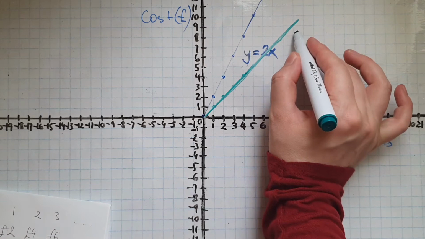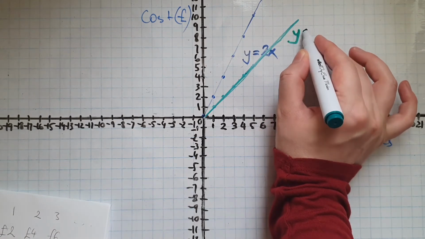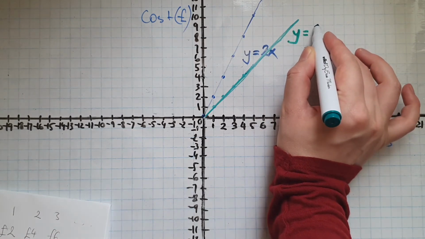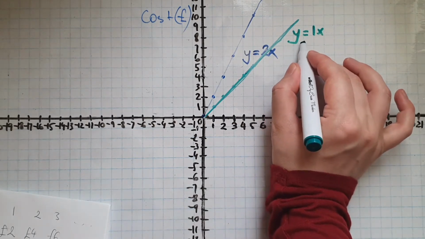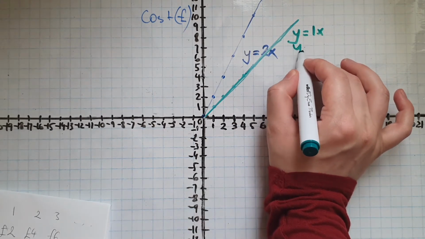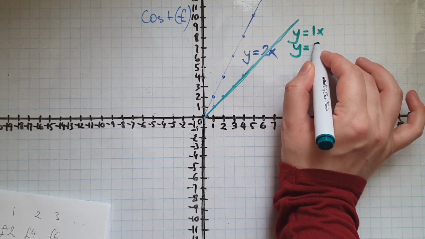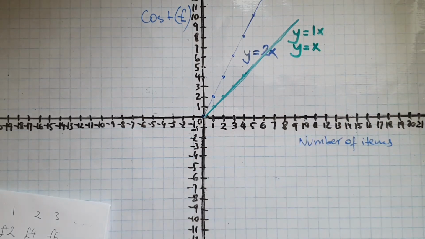This line we can write as y equals 1x, but you know that the short form of that is y equals x itself.